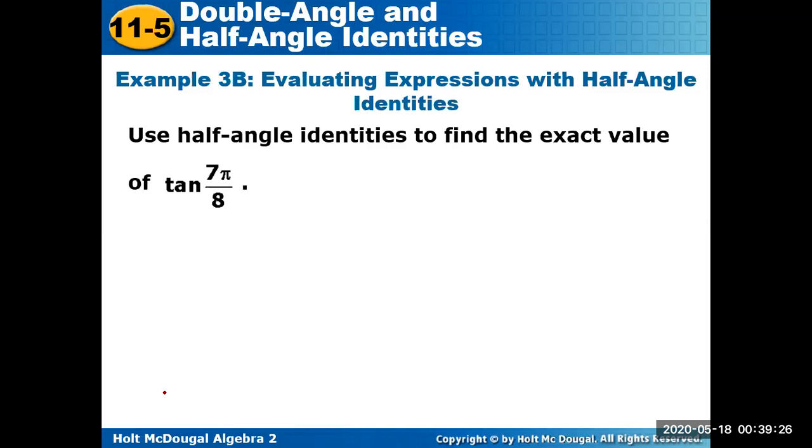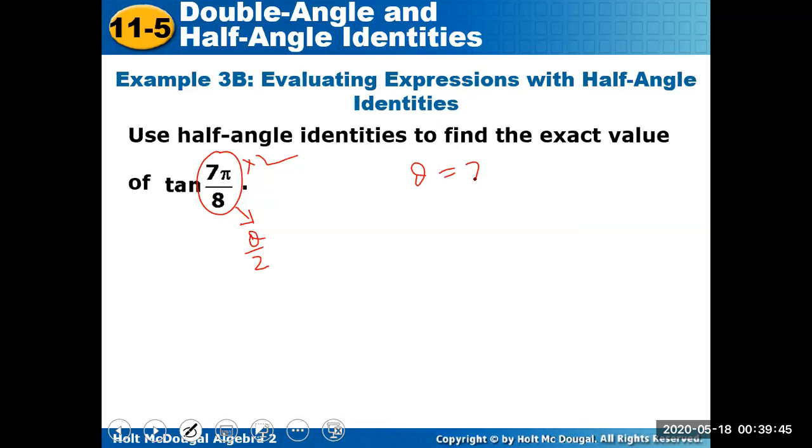So here the 7 pi over 8 is your theta by 2. So this thing is my theta by 2. To get theta, just multiply this by 2.